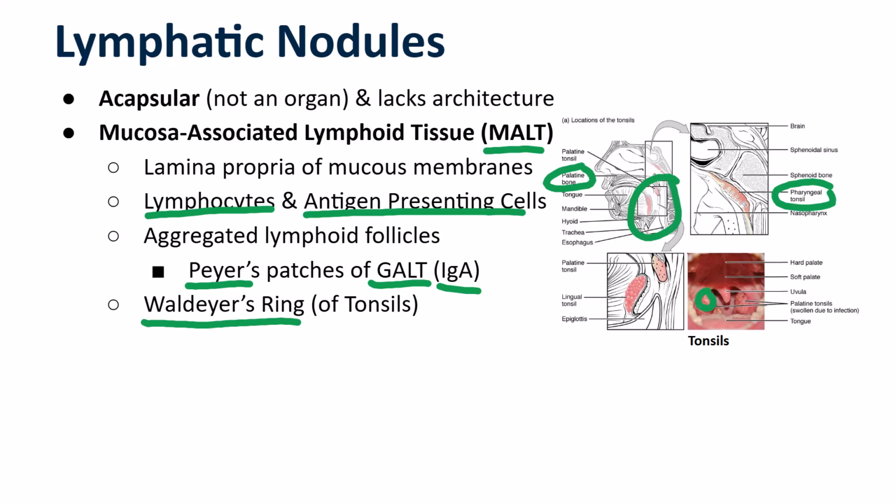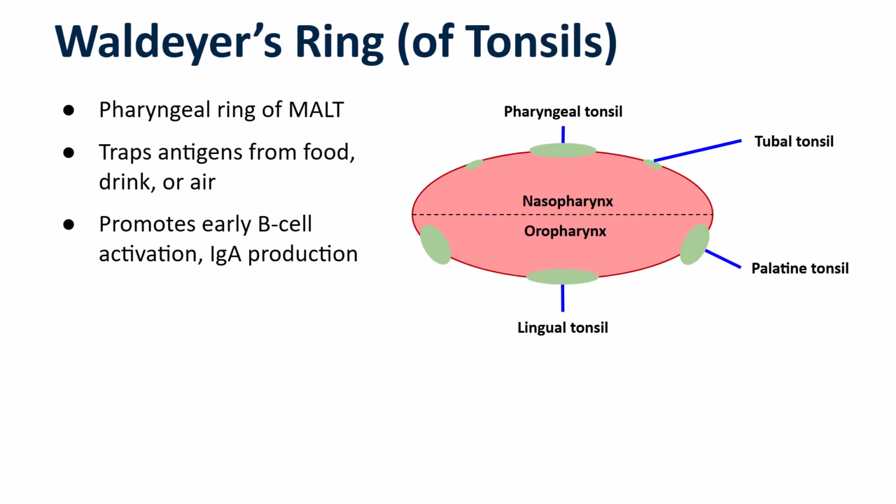We can see them here laterally in the fauces of the pharynx, and the lingual tonsil at the root of the tongue. So this ring of tonsils is 365 all the way around your throat, and it's found in both the nasopharynx and the oropharynx.